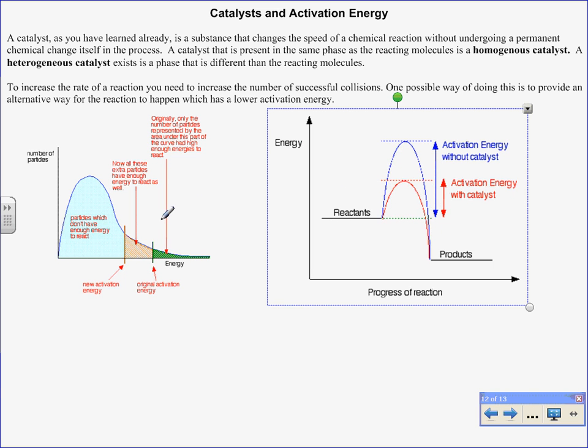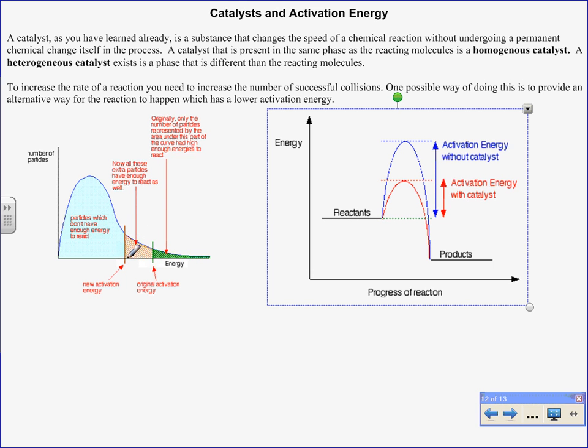If we connect this to the Maxwell-Boltzmann diagram, you'll remember at a normal temperature, we had an activation energy. And we said that any molecules beyond that point had enough energy on their own to overcome the activation barrier. By adding a catalyst and providing an alternative pathway, we've got a lower activation energy for the reaction to take.